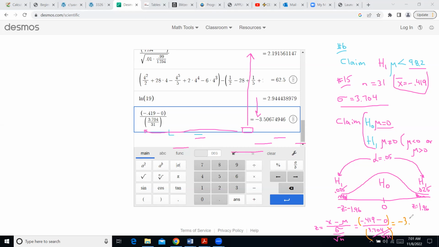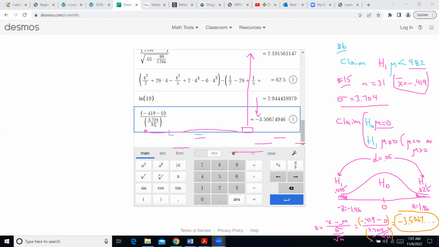3.5067, etc. So where is the z-score in our particular picture? Oh, I didn't put the square root of 31. Thank you. See, I need to wake up.